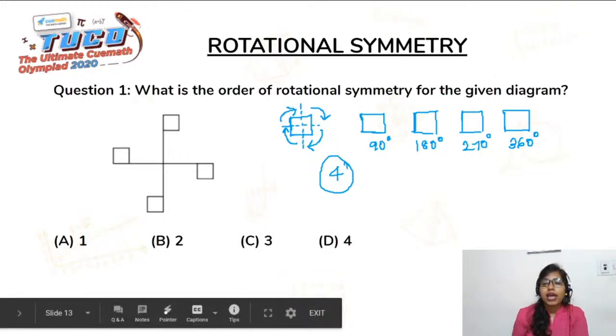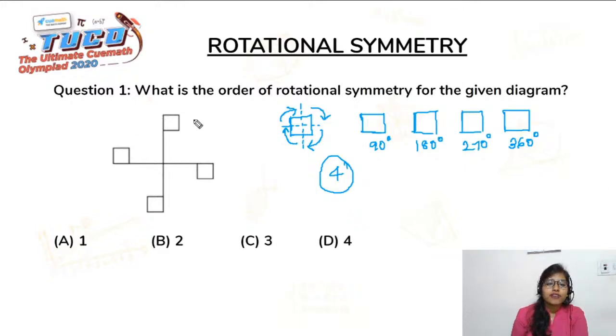1, 2, 3, 4. As we all can see, here if you notice, when you are rotating this by 90 degree, how would the figure look like? Wouldn't it give you back the same figure, right? It would still look like the same figure. And when you rotate this again by 180 degree, I still would get back the same figure. The reason is because the size of these small squares and these lines are same.